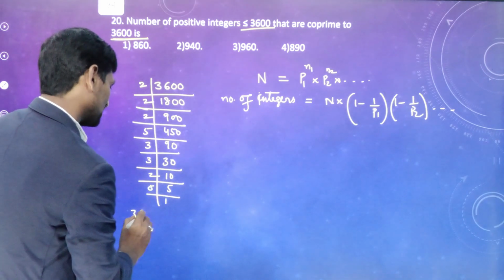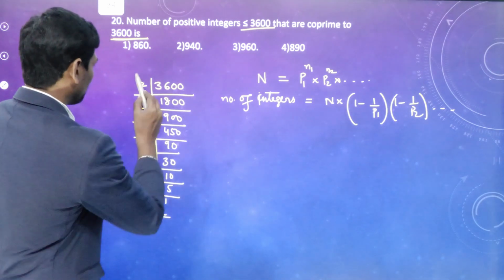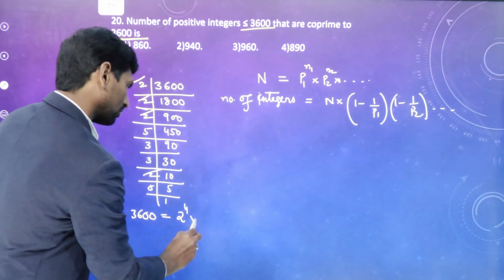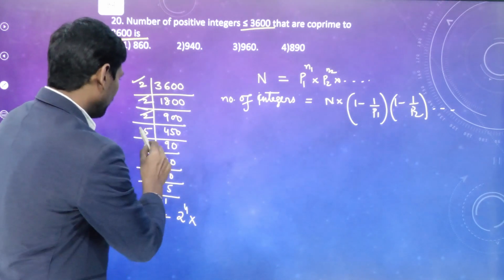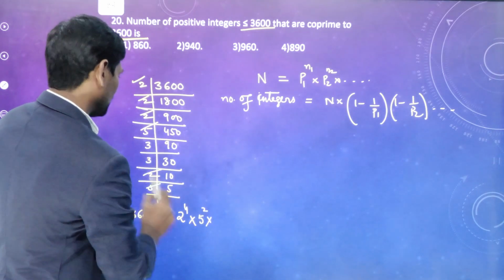So 3600, write in exponential form. The powers we have to write in exponential: 2 is presenting 4 times, 2 power 4. Next 5 is presenting 2 times, 5 square, and last 3 square.